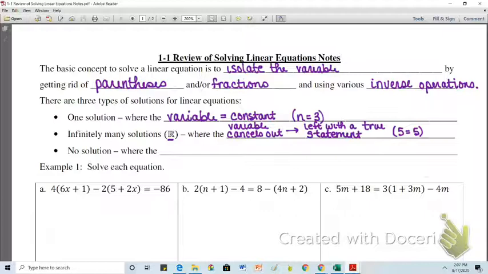You'll have no solution when, again, the variable also cancels out, but instead of a true statement, you are left with a false statement.